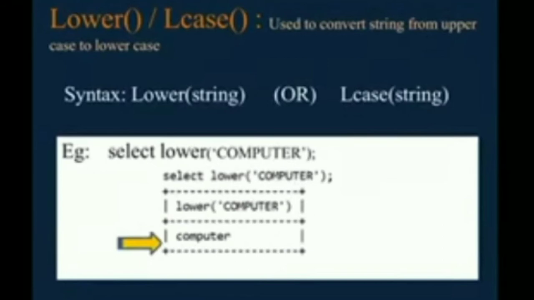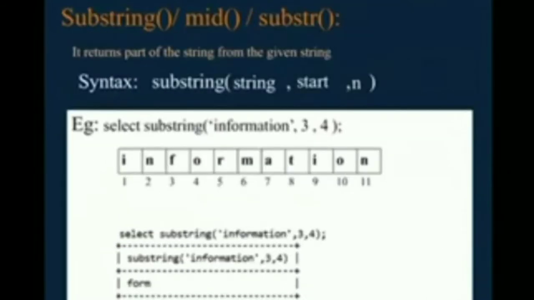Another function is the substring function, mid function or substr function. Students, as the name itself says, substring, it returns a part of the string from the given string. Let's see the syntax: SUBSTRING(string, start, length).